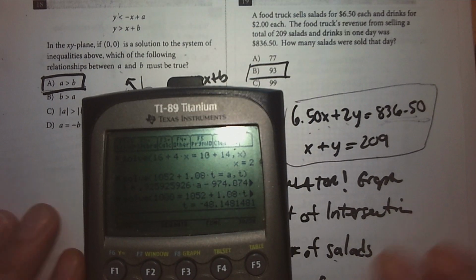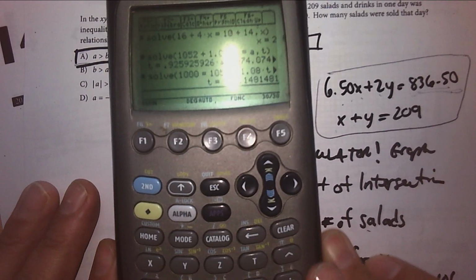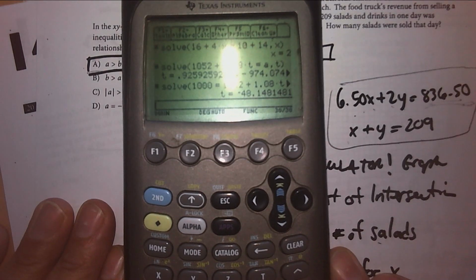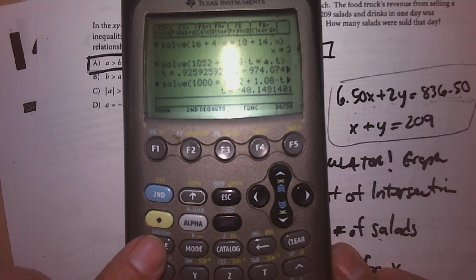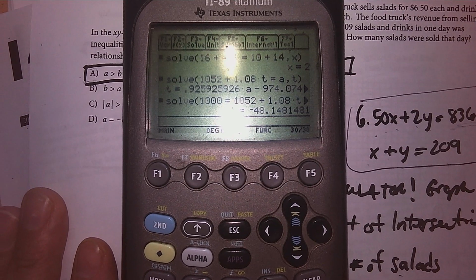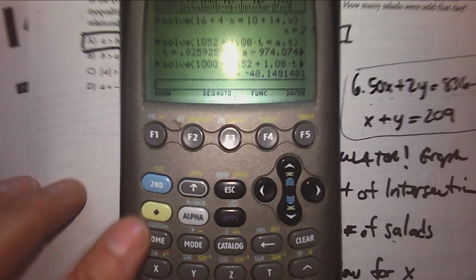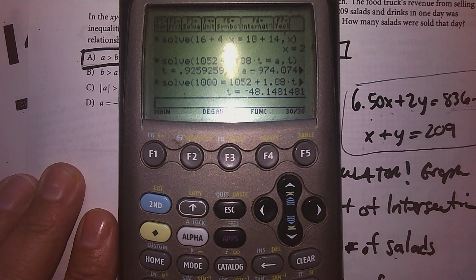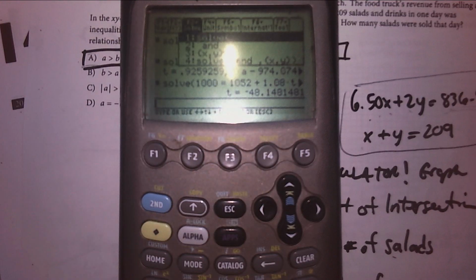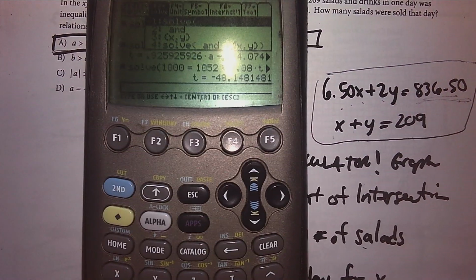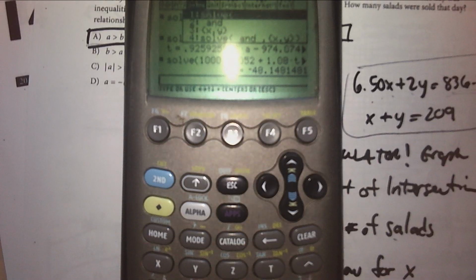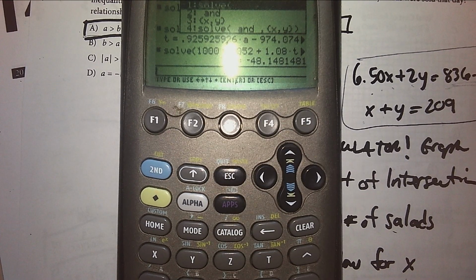So what I want you to do to solve it on your calculator is you can actually press the blue button, second function, and home. So press the blue button and home, and now I want you to look up and press F3. And if you look at the options there, it gives you an option to solve a system. That's number 4.